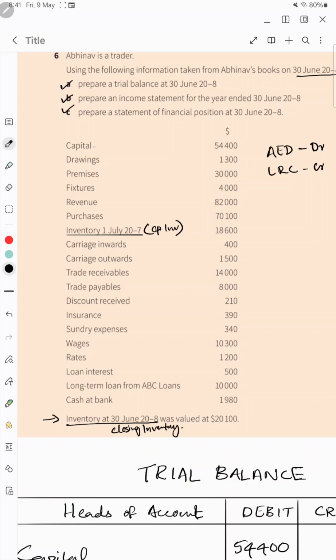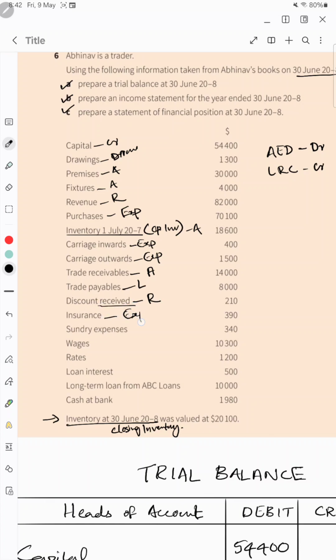Here capital will be under capital, drawing under drawing account, premises is an asset, fixtures is an asset, revenue is revenue, purchases is an expense, inventory is an asset, carriage inward is an expense, carriage outward is also an expense, trade receivable is an asset, trade payable is a liability, discount received is a revenue.